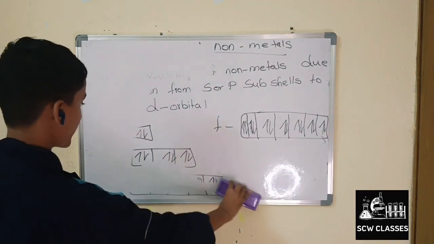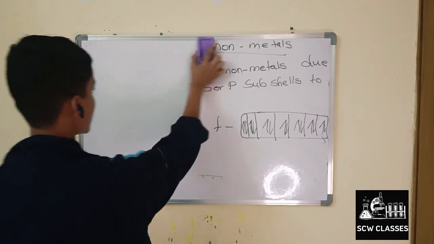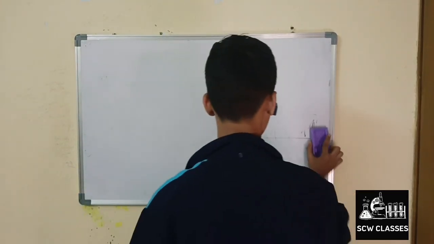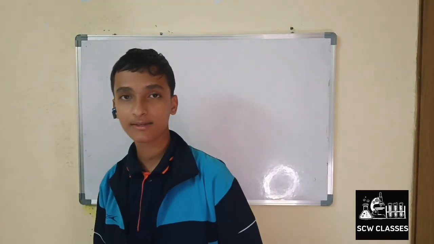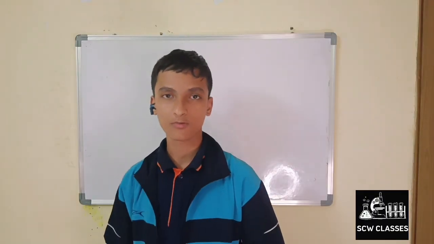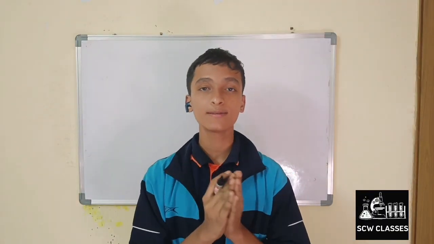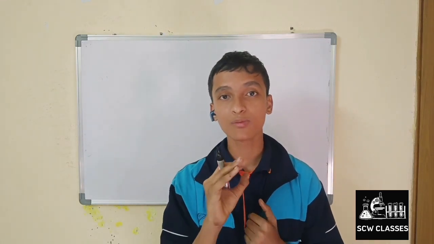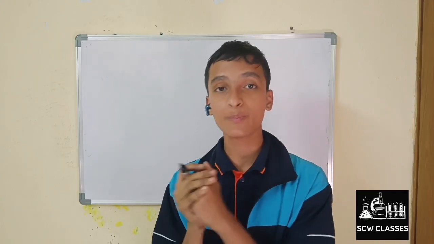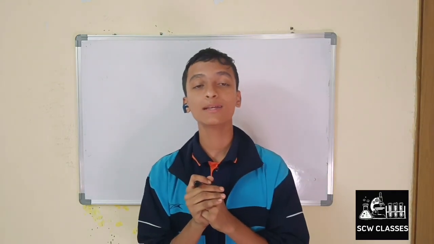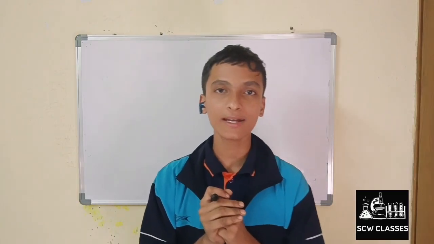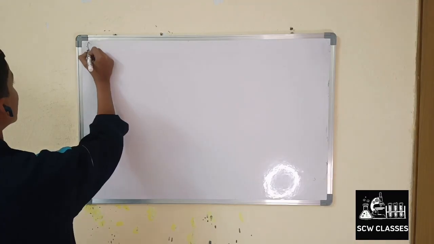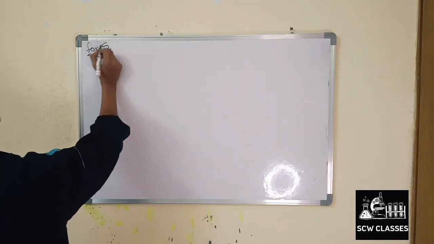Now we are going to do an example on this. Once again I am telling the definition of variable valency of nonmetals. It is due to extension from S or P subshell to vacant d orbitals. Clear? Now we are going to take the example sulfur.